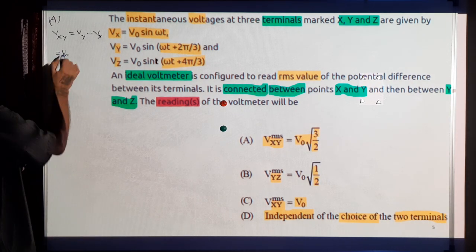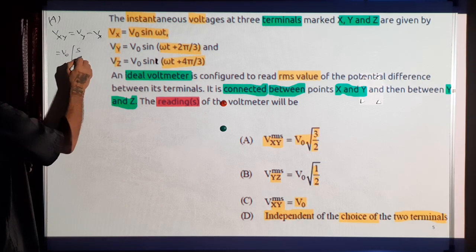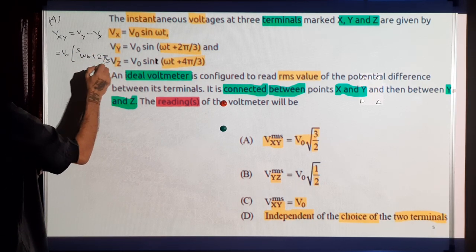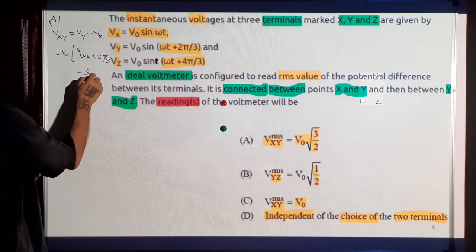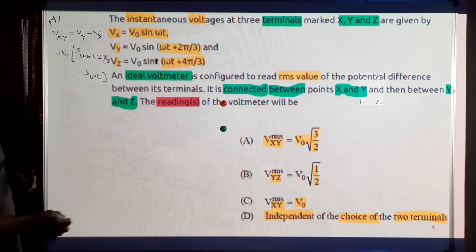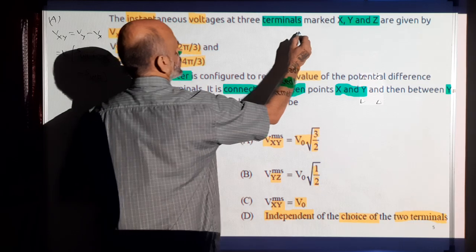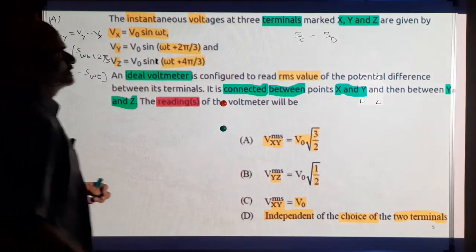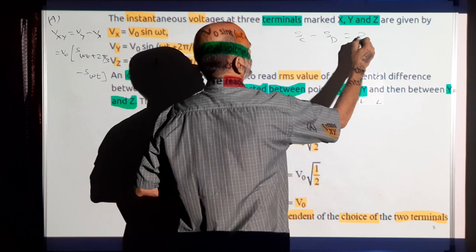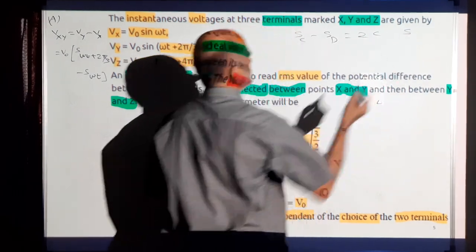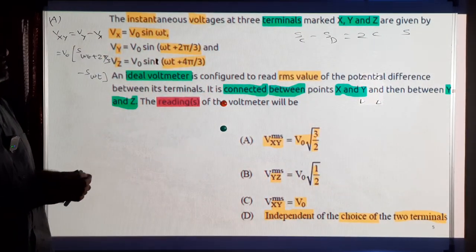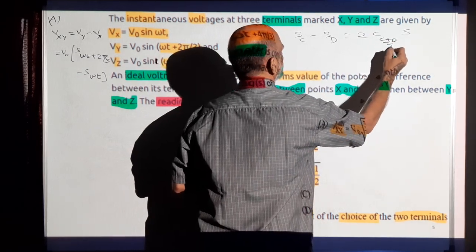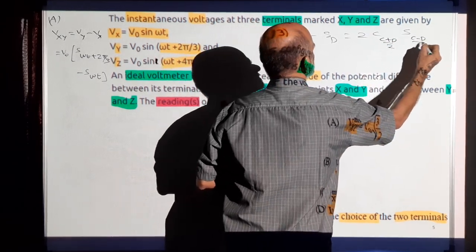V naught into sine omega t plus 2 pi by 3 minus sine omega t. So to use the formula sin c minus sin d, this is a trigonometric identity which is 2 cos sine, and this cos will be angle c plus d by 2, and this is c minus d by 2.